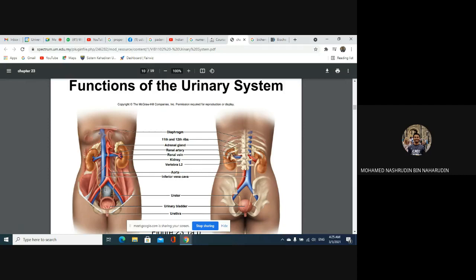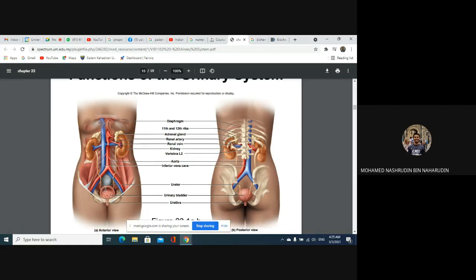So this is the anatomy of your urinary organs. If you notice, the one on the right is slightly lower compared to the left. It's always been like that. You must be able to name the anatomy.